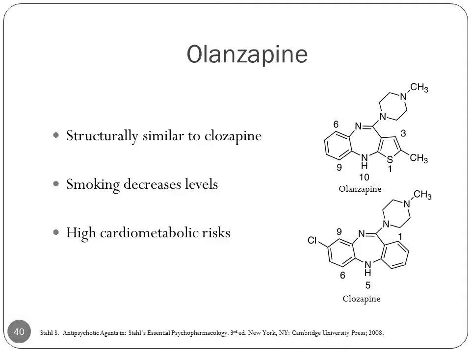In general, olanzapine has a better side effect profile, but doesn't tend to work as well as clozapine. You may see some extrapyramidal symptoms and hyperprolactinemia if this is used in very high doses. Like clozapine, smoking can decrease the levels, so you have to be careful if you have patients that either start or stop smoking. And then we've talked about this one having high cardiometabolic risks.